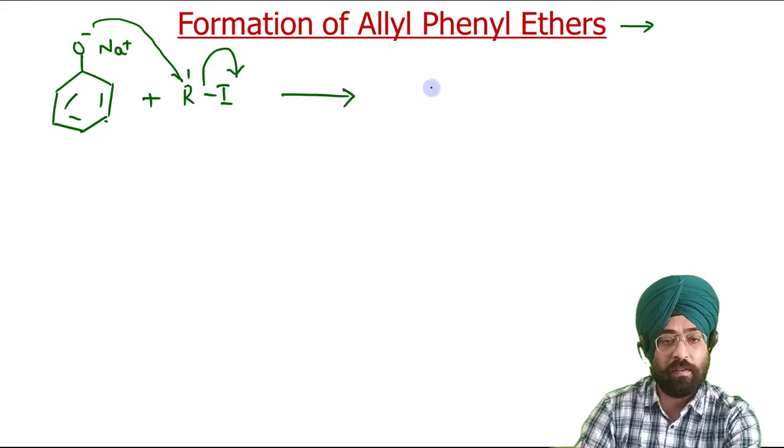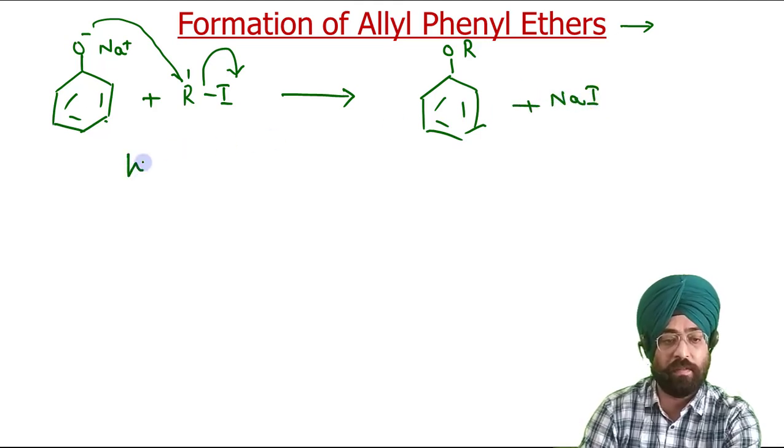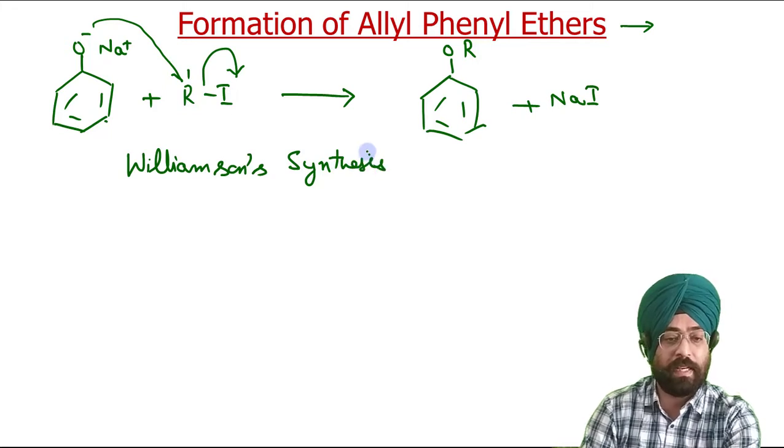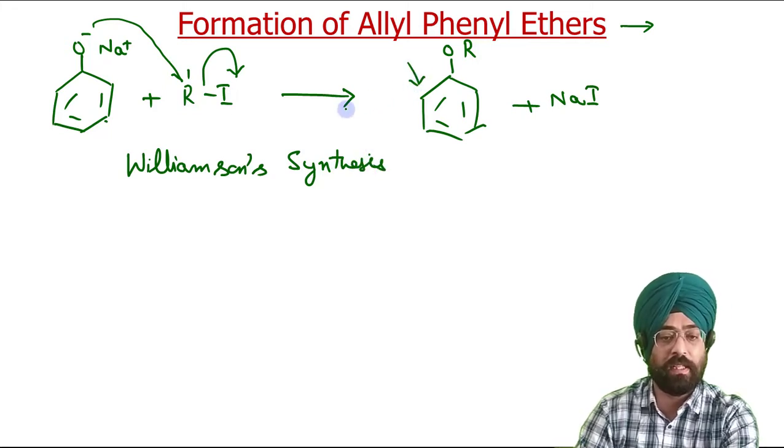So what we get? We get ether, this OR plus NaI. This reaction is called Williamson's synthesis, and this reaction is used to prepare ethers from alcohols or from phenols.